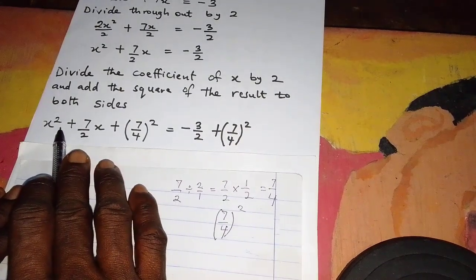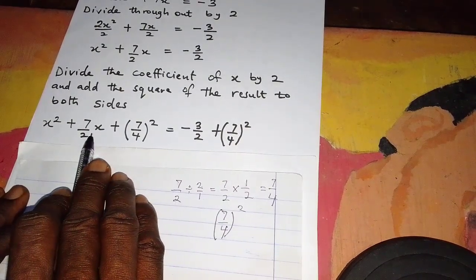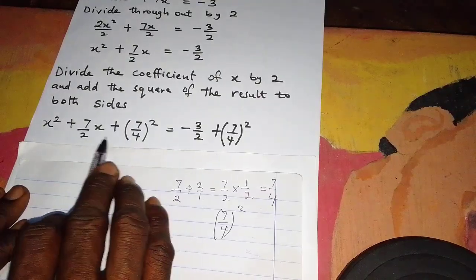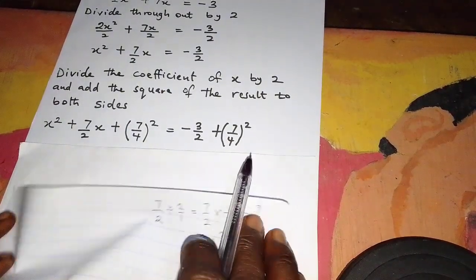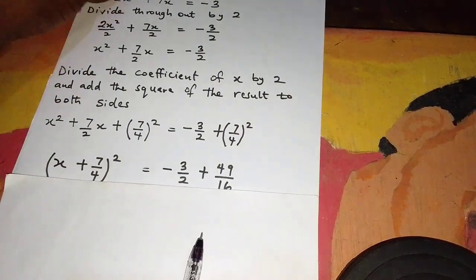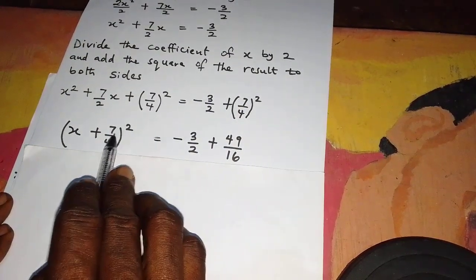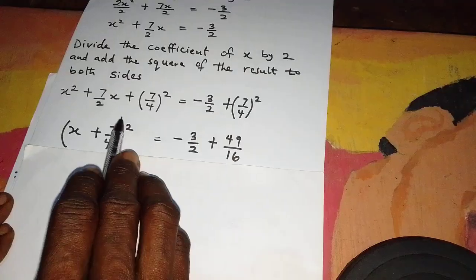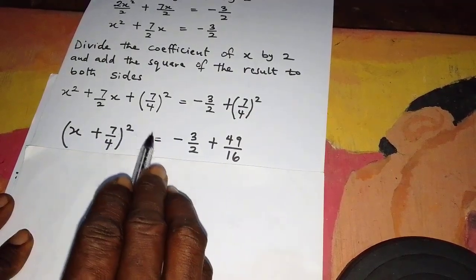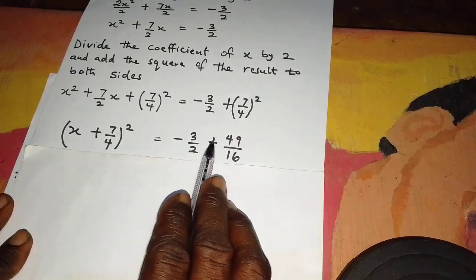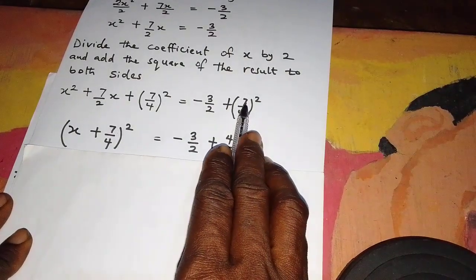So by dividing the coefficient of x by 2 and adding the square, you have made this part a perfect square. So it means that if you expand x plus 7 over 4 squared, you get this back. This should be equal to minus 3 over 2 plus the square of 7.